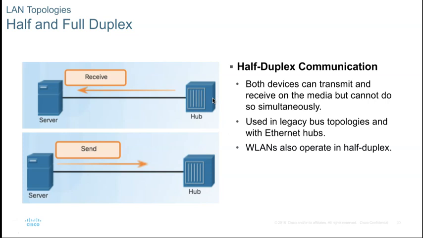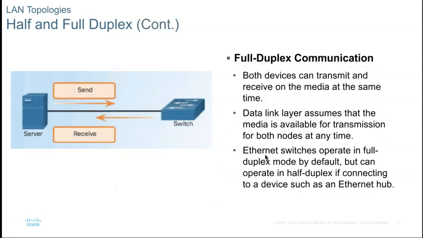Yeah. Can you hear me? Yeah. That is known as half duplex. There's two-way communication, but only one can talk at a time. Another example is wireless LAN, which is an example of half duplex. Full duplex is when both devices can send and receive at the same time.